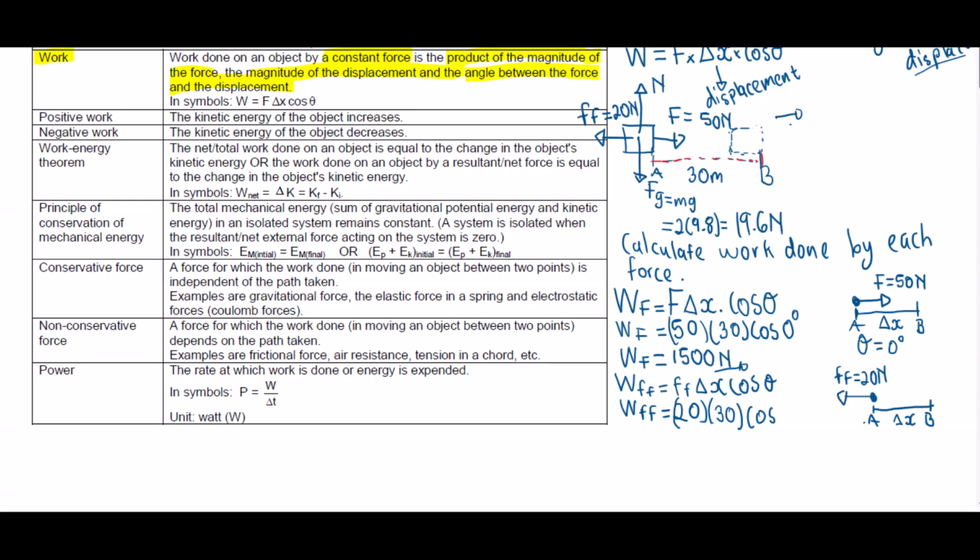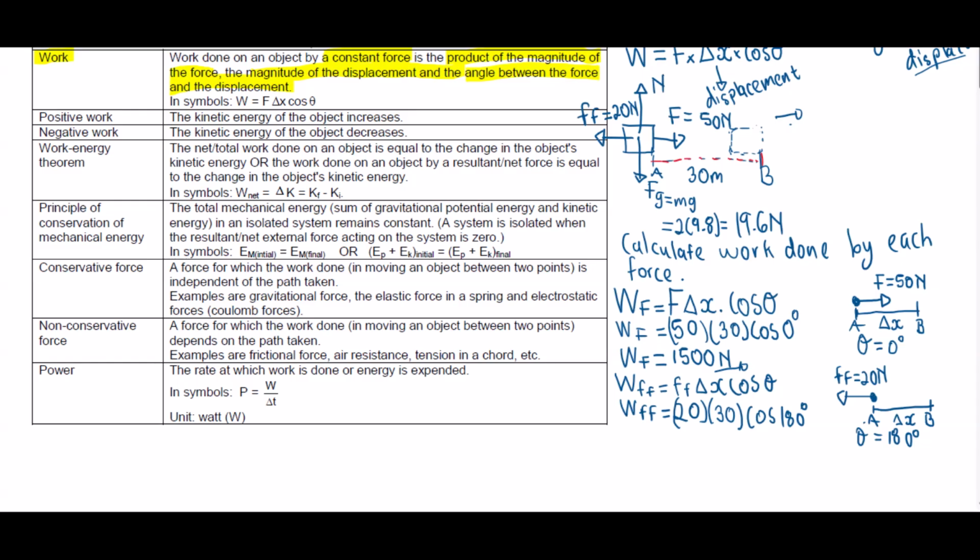If the force and the displacement are going in opposite directions, the force to the left and the displacement to the right, then it's always the case that theta is 180. You put theta as 180 for forces that oppose the displacement.